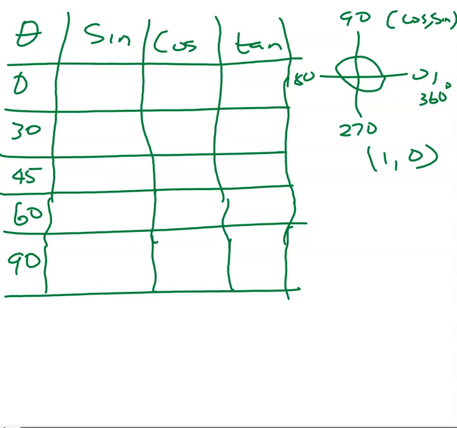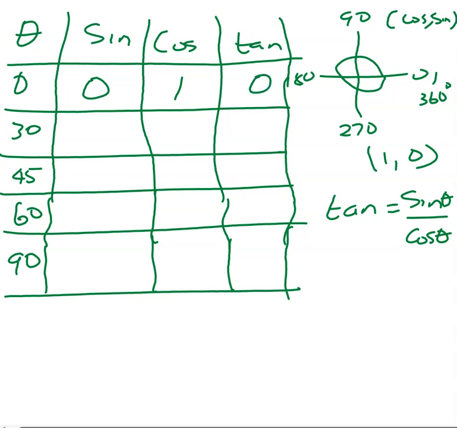Okay, so at 0, cosine is 1, sine is 0. And something we need to remember with tan is that tan is a derived ratio, which is sine of an angle divided by cosine of the same angle. So the tan here is going to be 0.